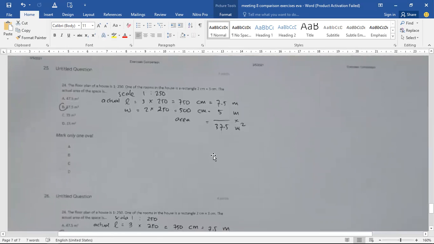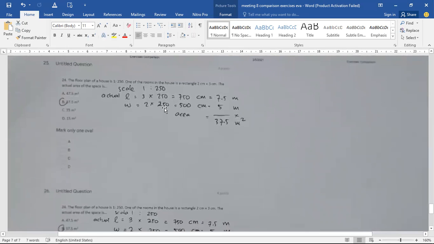Next, we have a scale again. The scale is 1 over 250, and then we can find the length is 3 times 250, which is 750, and the width is 2 times 250, equal to 500. From centimeters, we just need to divide by 100.